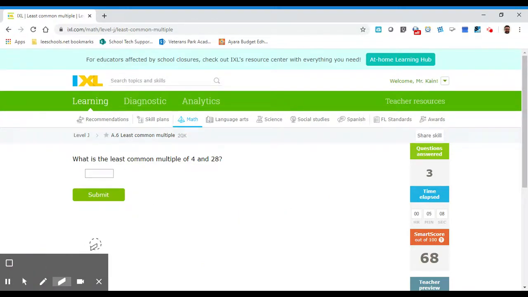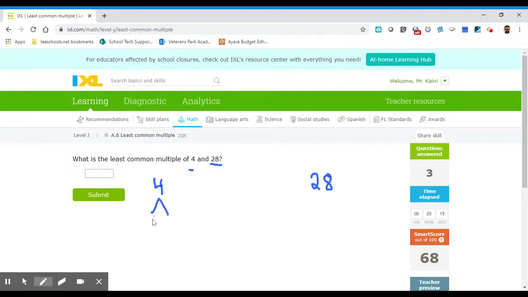Okay, I think this is the chance to see this rule in action here. So the numbers are 4 and 28. So let's write those down. 4, 28. We know this is 2 times 2. This is even, so let's do 2 times 14. I mean, you could have done 7 times 4. If you know your facts, you can use those too. That's fine.